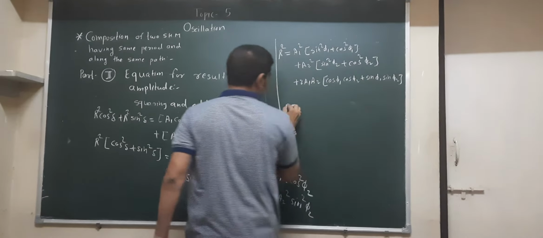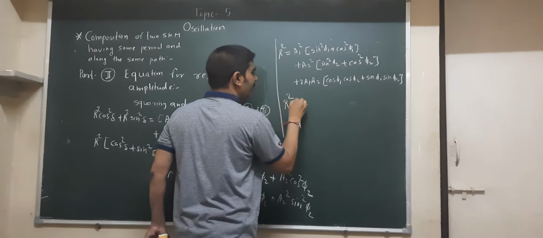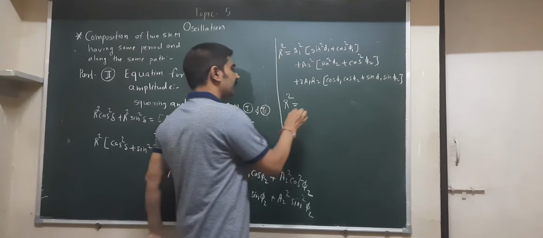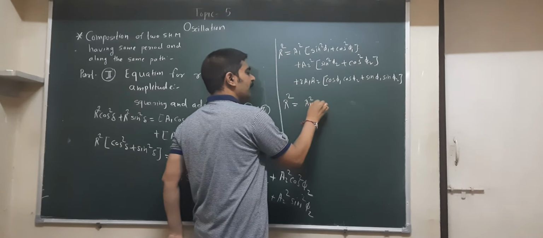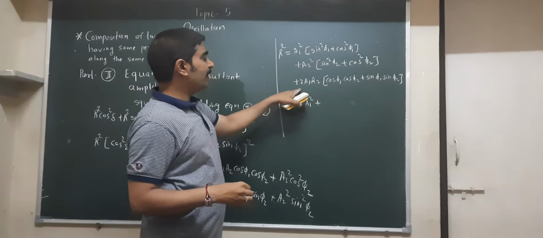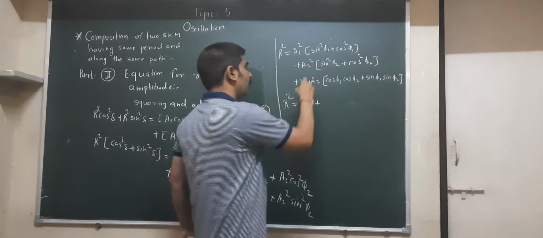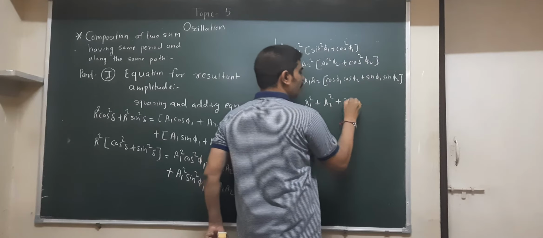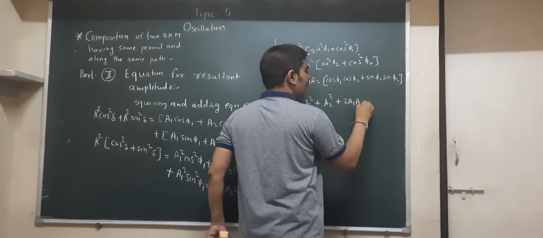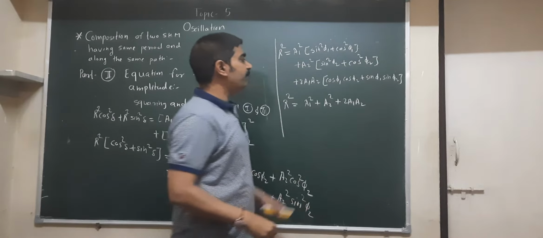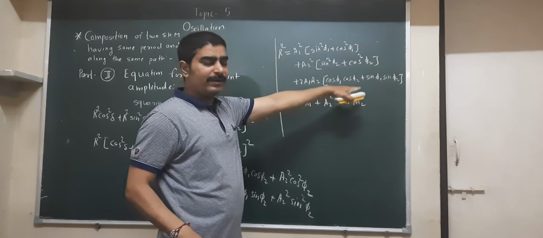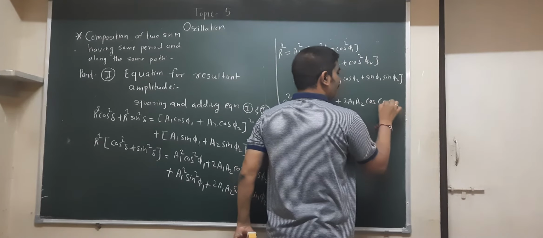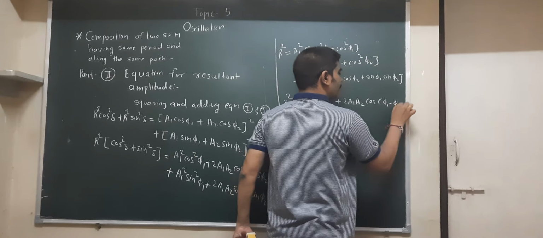Okay, so the next step: R square, since sin square theta plus cos square theta is 1, is a1 square plus a2 square plus twice a1 a2 into cos phi 1 cos phi 2 plus sin phi 1 sin phi 2, that is the formula for cos(phi 1 minus phi 2).